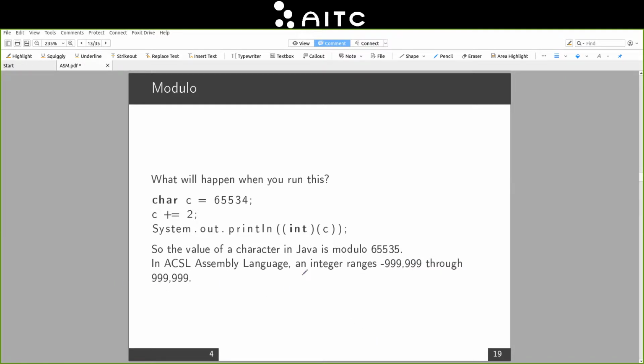So if any integer exceeds this range, you should let it go back to the initial point. For example, 999,999 minus 1 equals 999,999 modulo, with modulo, in the ACSL assembly language, the assembly language used in this context.